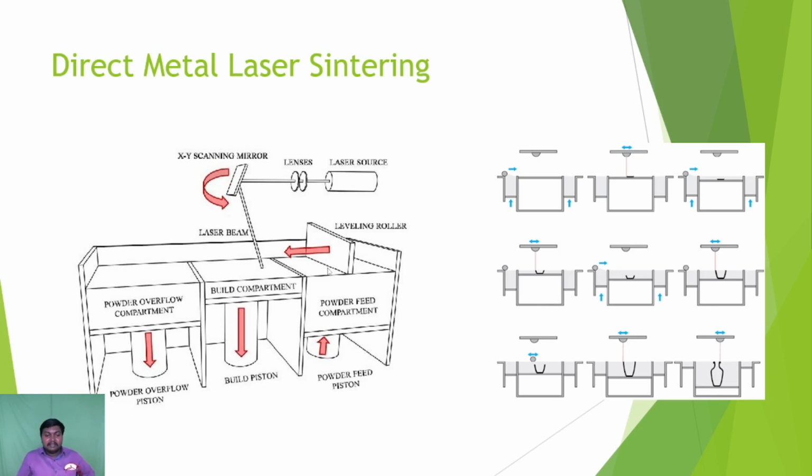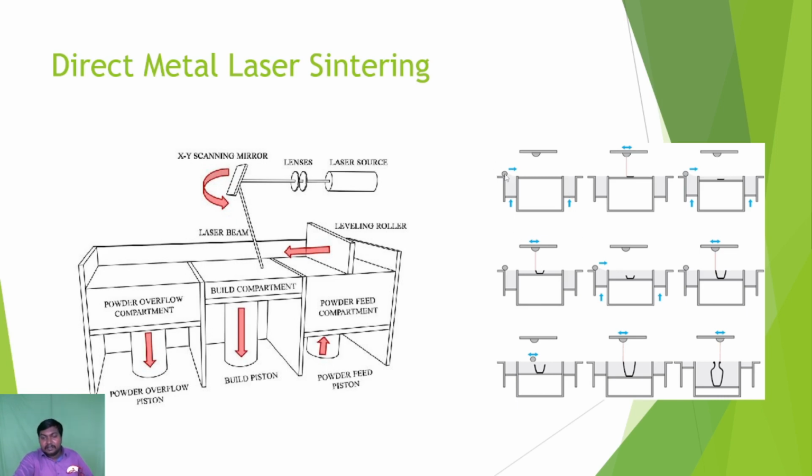The same process is repeated, and the final 3D object is made by layer-by-layer deposition. In the right side we have the powder delivery system, and on the left side the powder overflow piston is available.